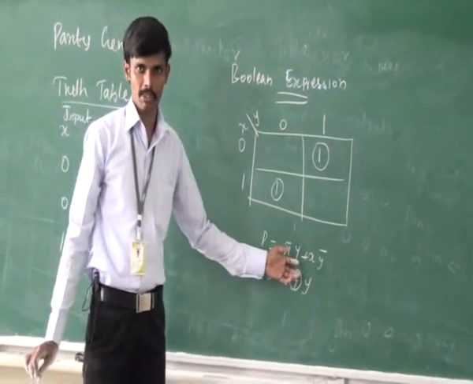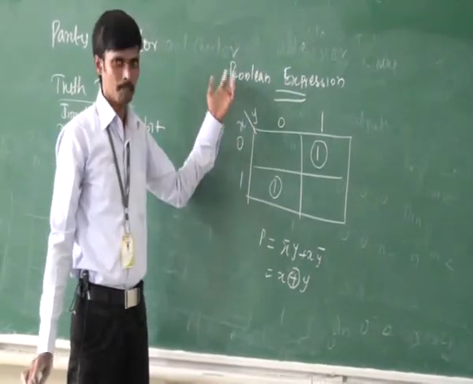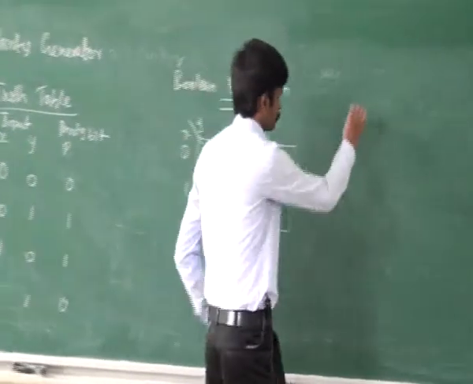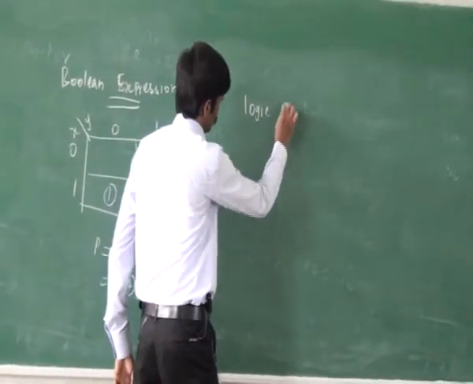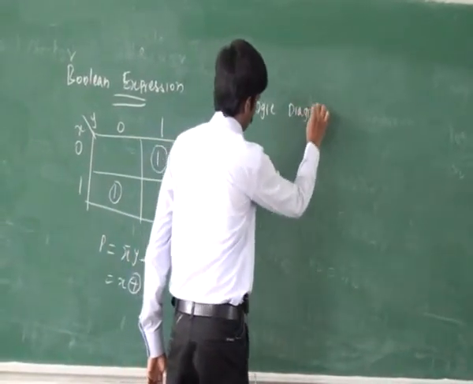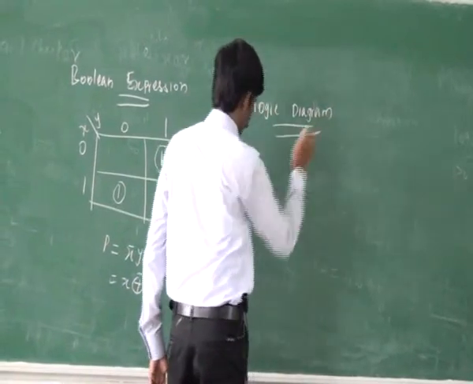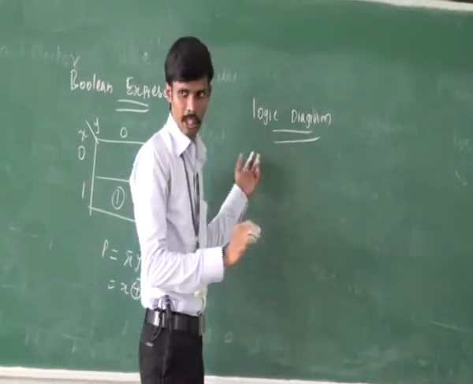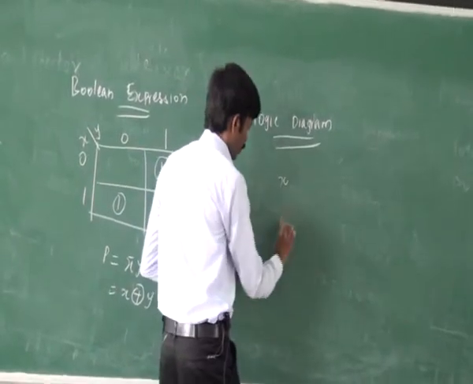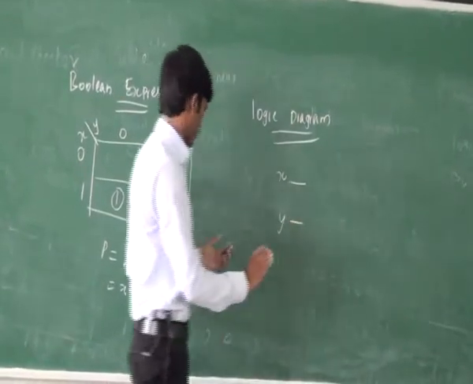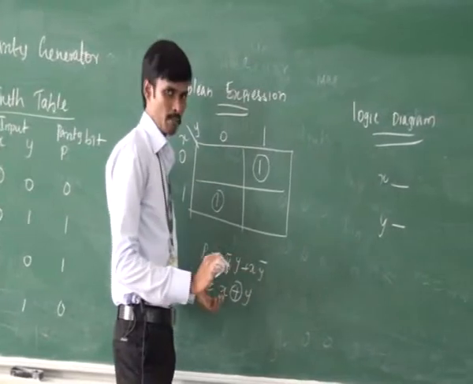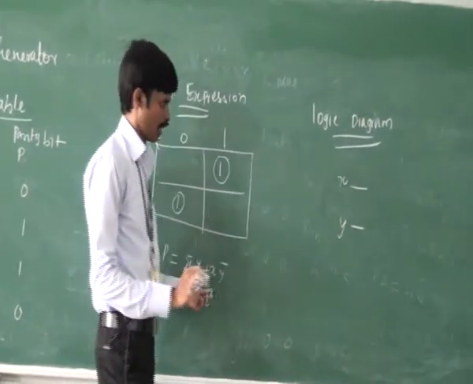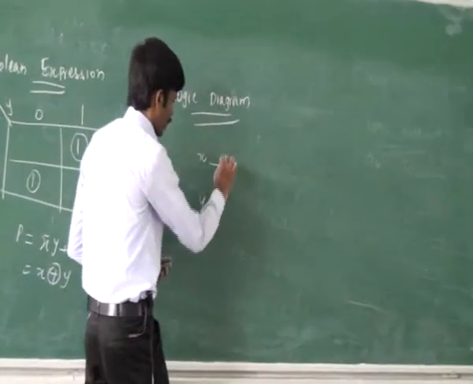Then using this Boolean expression, we have to draw the logic diagram for parity generator. Here we have 2 inputs X and Y. Then the expression for parity generation is X XOR Y. So we need one XOR gate.